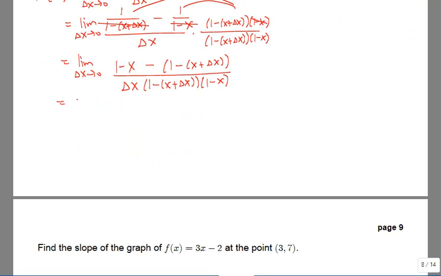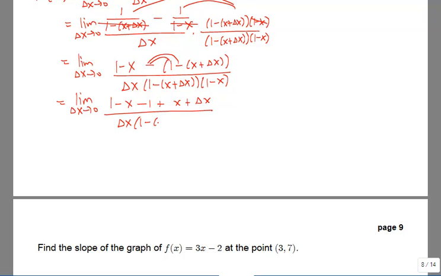Okay, now I'm going to distribute some negatives across the top, and hopefully some things will cancel. I have 1 minus x. I'm going to get a negative 1 here, and then a negative times a negative becomes a positive x plus delta x. And since there's nothing in front of that set of parentheses, I really don't need these parentheses in the numerator anymore.